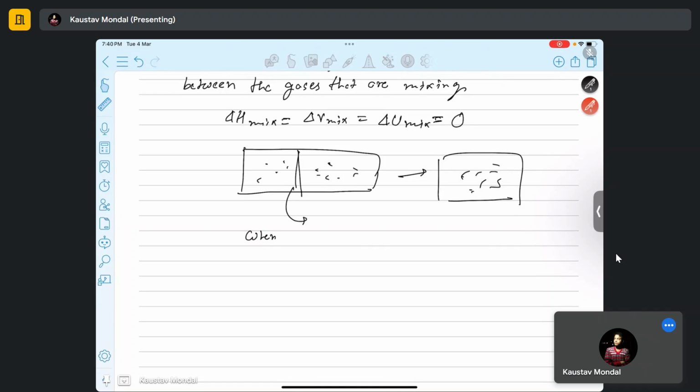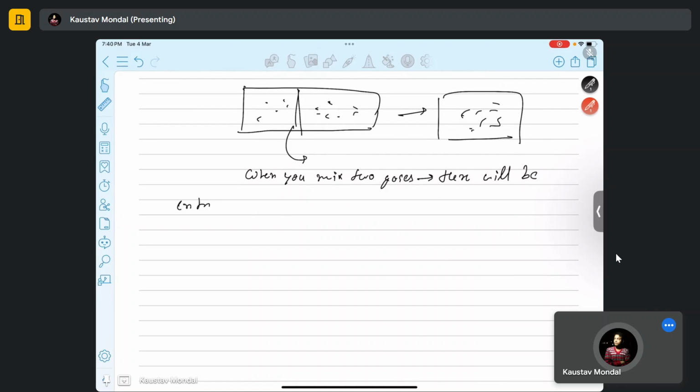When you mix two gases, there will be entropy of mixing, which basically confirms that there should be a change in the Gibbs free energy, because Gibbs free energy itself depends on the entropy, right?